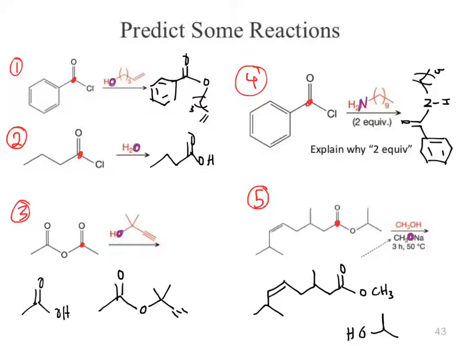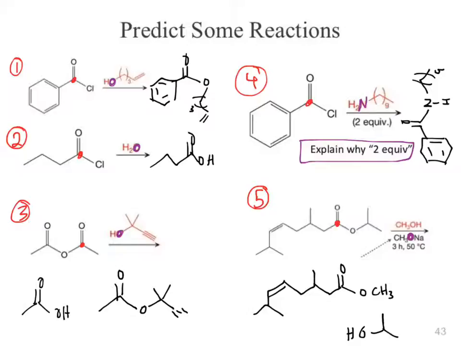Well, there's an interesting question. Why 2 equivalents? Anybody get a good answer on that one? Because it's not a very good nucleophile. It's actually a better nucleophile than oxygen. One acts as a nucleophile. Yes, one acts as a nucleophile, the other one acts as a base.